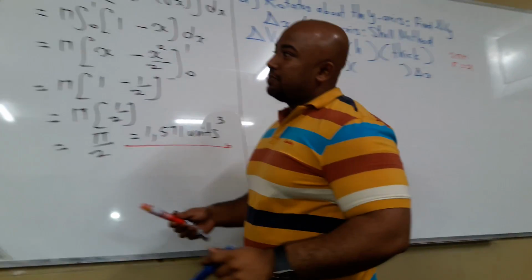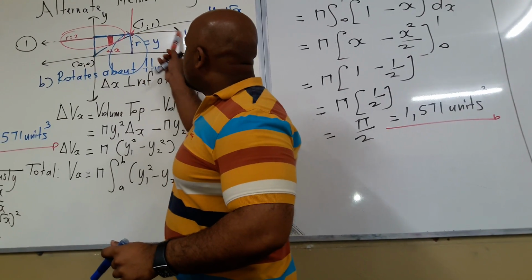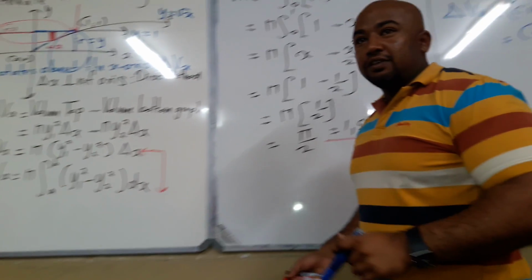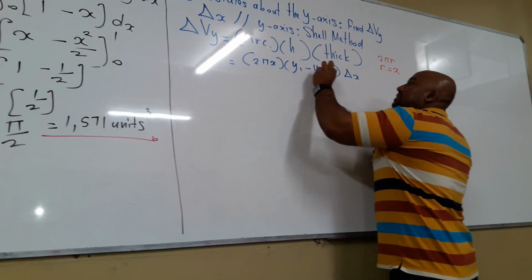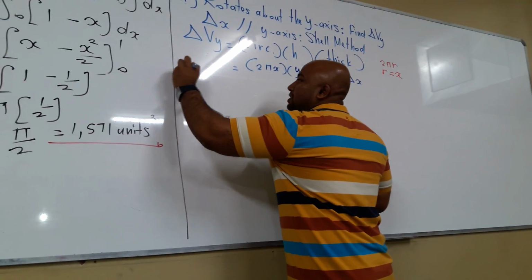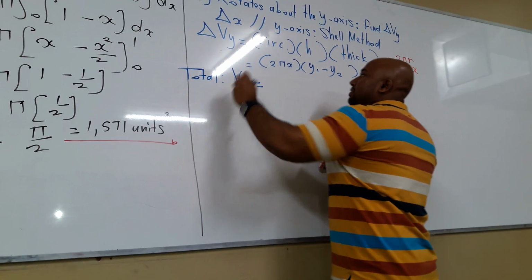How did we label the top graph? Here is the top y value, this point here. We label this as y1 and the bottom one was y2. Can you see that? So it's going to be y1 minus y2. So now we work out the total volume, which is Vy.